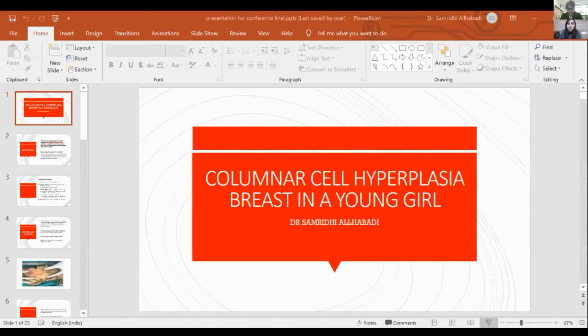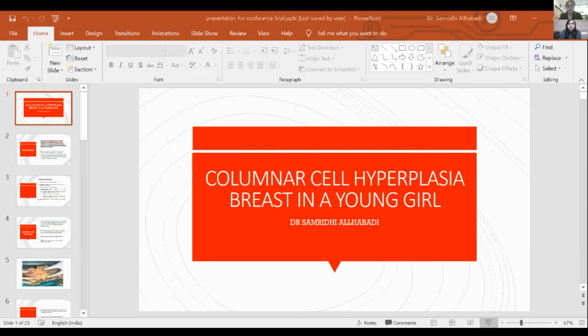So I'll be discussing a case which we got in our institution. A 15-year-old unmarried girl presented to us with a palpable mass in the right breast for 2 years, which had increased in size over the last 2 months. She came with a complaint of a breast lump. On examination we found a 7 by 5 centimeter lump in the right breast.